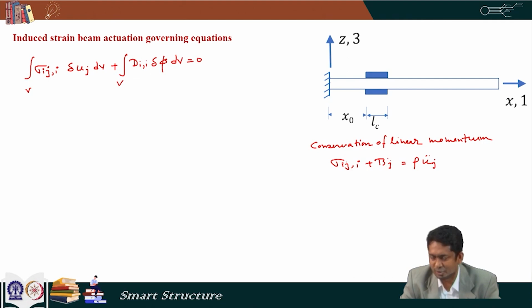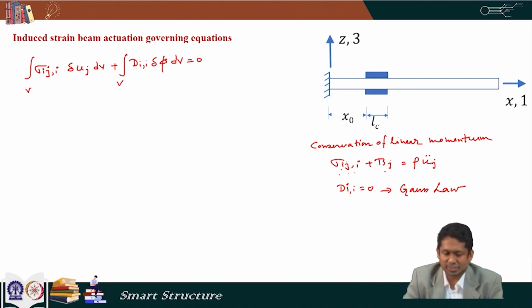If we assume that there is no body force, and we have anyway assumed that there is no body force due to the interaction between the polarization and electric field, and apart from that there is no other body force also, and it is a static problem, so uj double dot is also 0. So, we are left with only sigma ij comma i equal to 0, and Di comma i equal to 0 comes from the Gauss law.